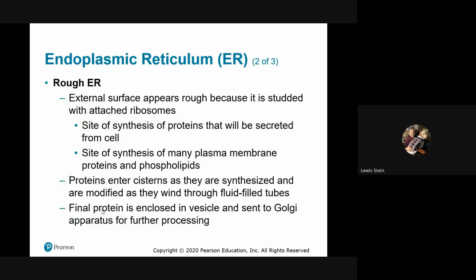So we move on. The rough, it appears rough. It's visible. Proteins that will be secreted from the cell, plasma membranes also, some phospholipids. They enter, wind their way, and these are a tubular system of membrane filled with fluid, and finally they're enclosed in what's called a vesicle. And you saw those motor proteins.